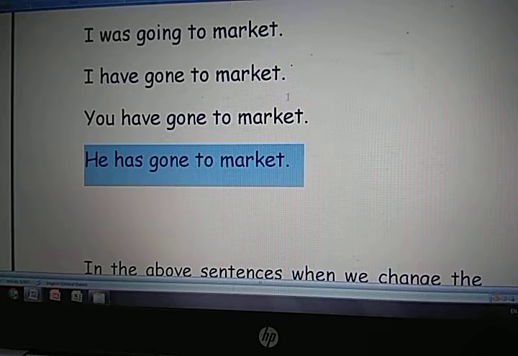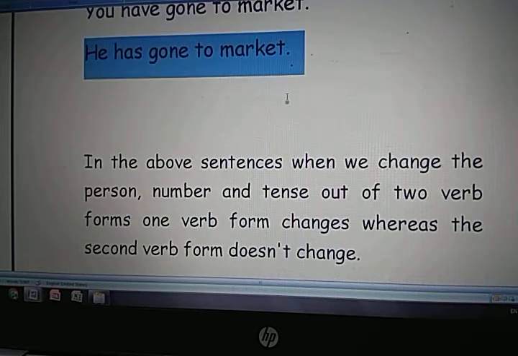So here you observe one thing. When you have more than one verb form, one verb form doesn't change according to the person, number and tense, and the other changes. Clear?